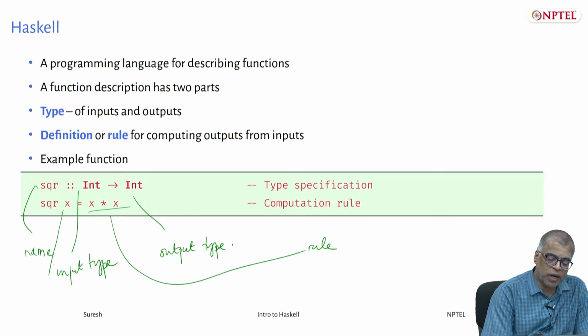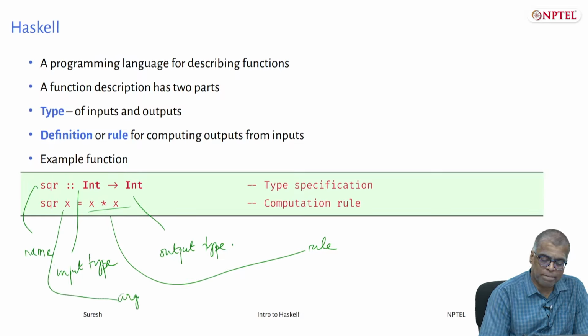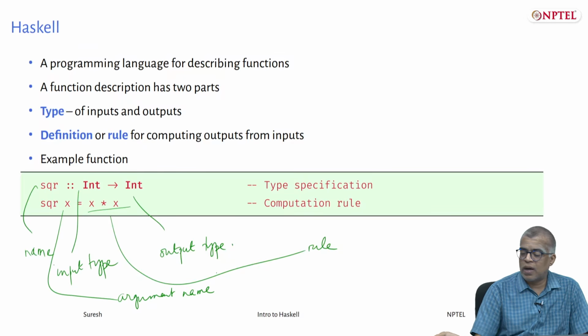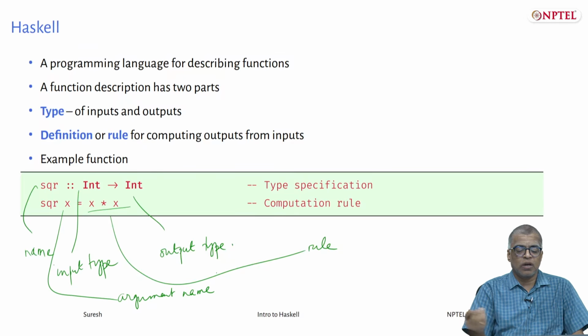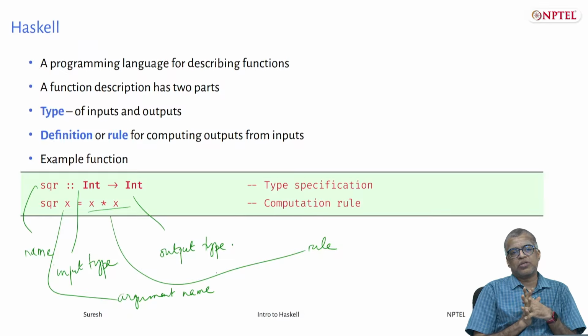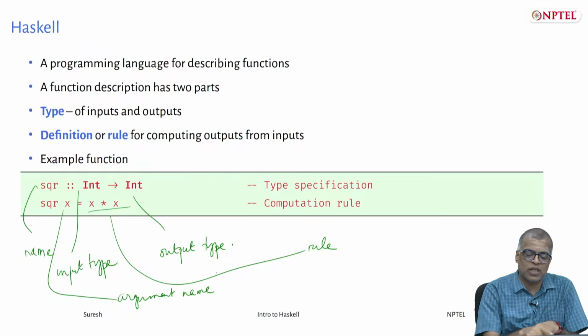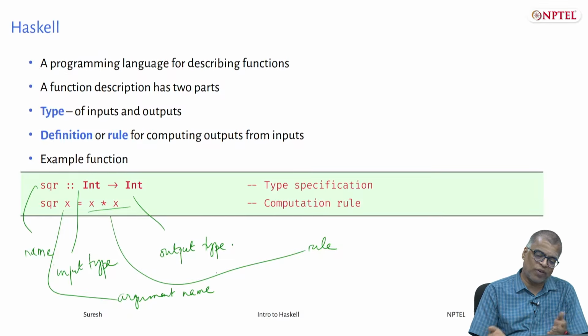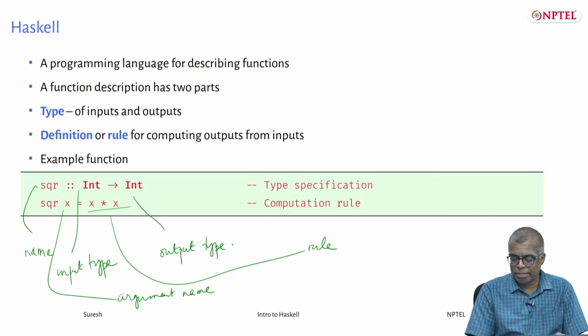X is the argument name. And as we mentioned in the previous lecture, computing a function on an argument just means to replace x by 3 or 5 or whatever expression you supply as the actual argument when you call the function.